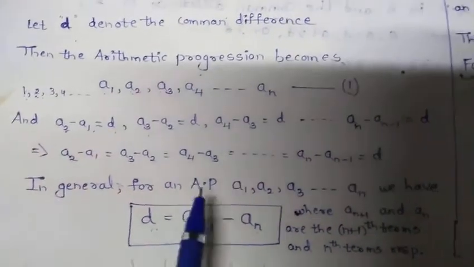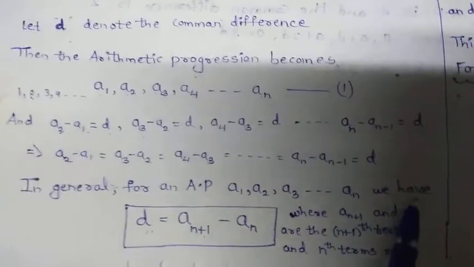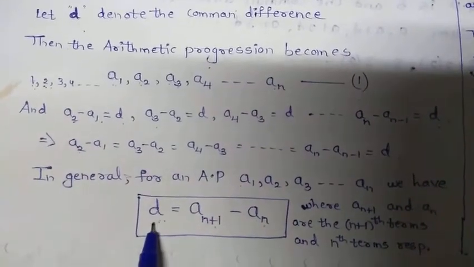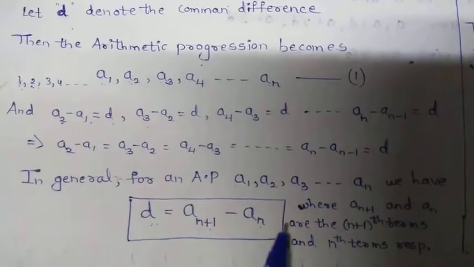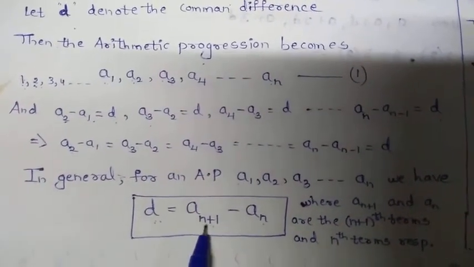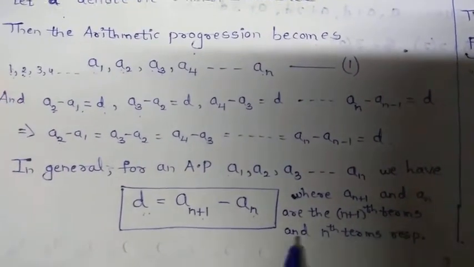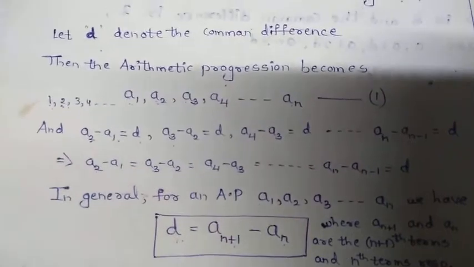So in general, for an arithmetic progression a1, a2, a3 and so on up to an, the common difference can be found by subtracting the nth term from its n plus 1th term, where an plus 1 and an are the n plus 1th term and nth term respectively.